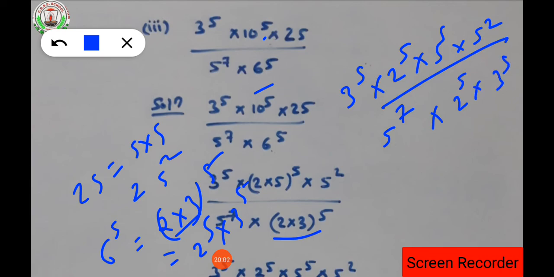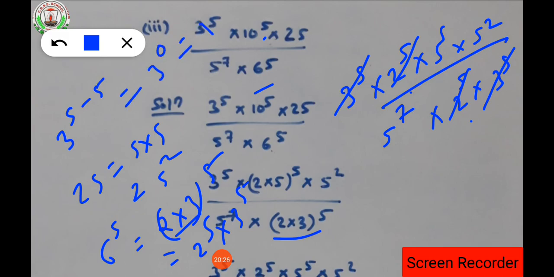Now look, what we are having here: 2 to the power 5 and 2 to the power 5 is present in the numerator and denominator, so it will get cancelled easily, isn't it? Then 3 to the power 5 is present in the numerator and denominator, so it will again get cancelled, because if we use the laws of exponent, it will become 3 to the power 0, that is 1 itself, so better to cancel from there itself.